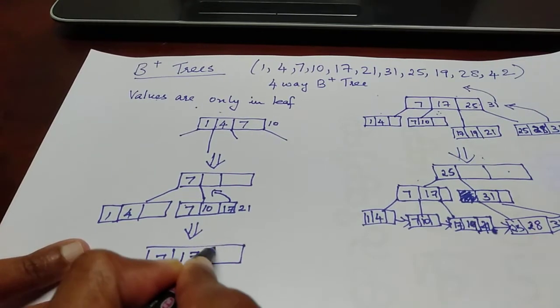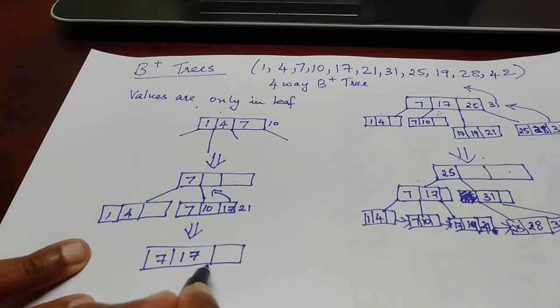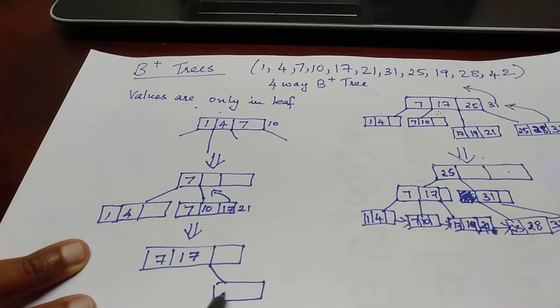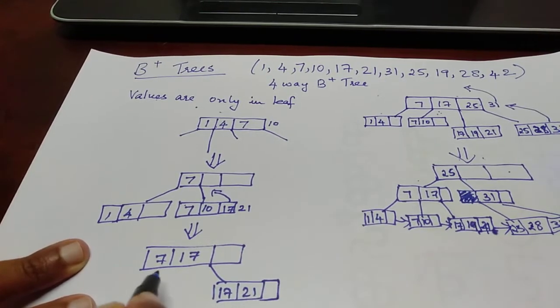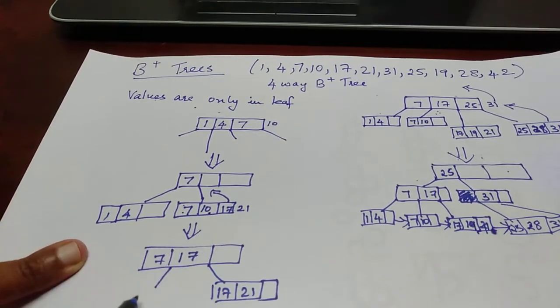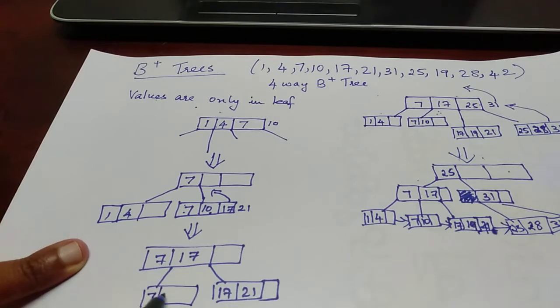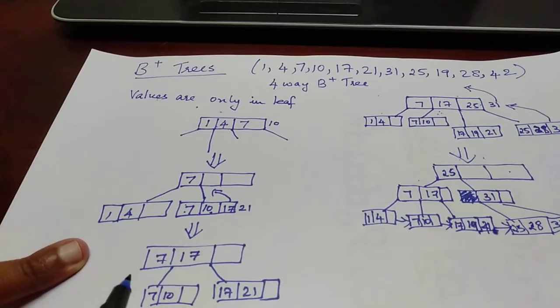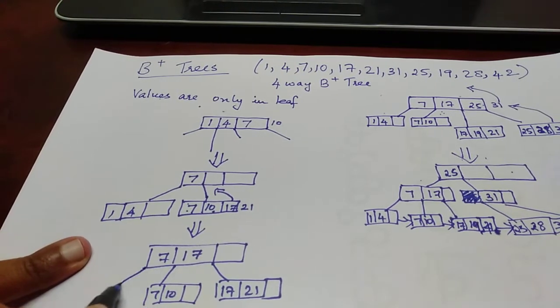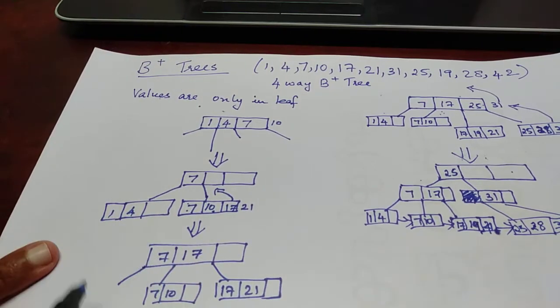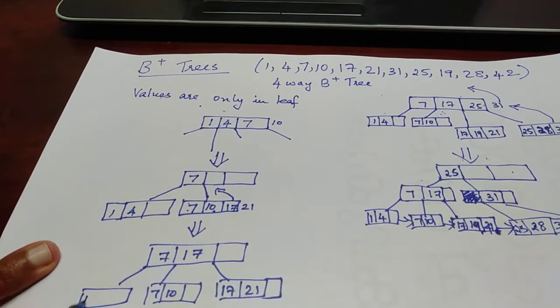I will have 17 in the root, and to the right of 17 I will have 17 and 21, and there's one more space left. To the left of 17, I've already got 7 and 10, and 1 space left. And over here we've not made any changes, so we will have 1, 4 and 1 space left.